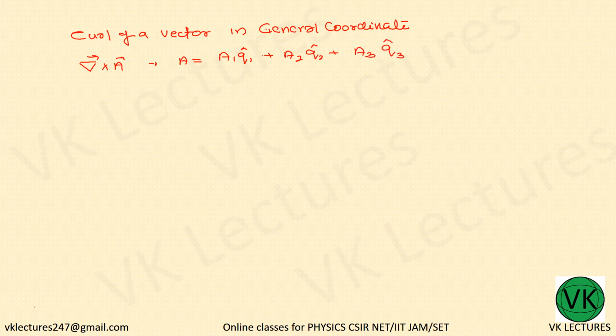So this is the curl of the vector, and we have to find out del cross A. The metric elements are h1 h2 h3, and the bases are q1 cap, q2 cap and q3 cap. So this is equal to 1 divided by h1 h2 h3, the product of all three, and now we are going to find out the cross product.